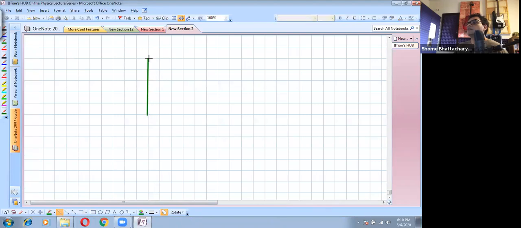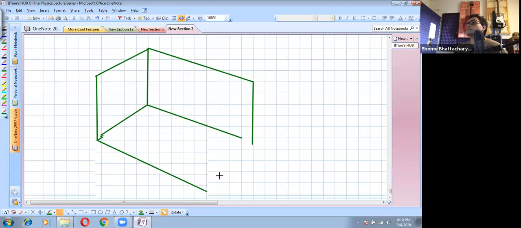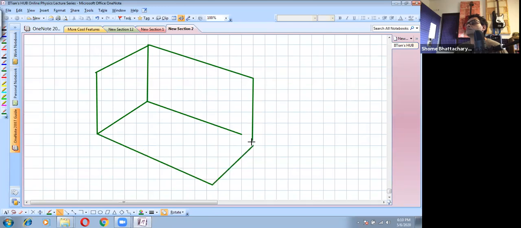So imagine we have this rectangular box, this rectangular cuboid, to be precise.